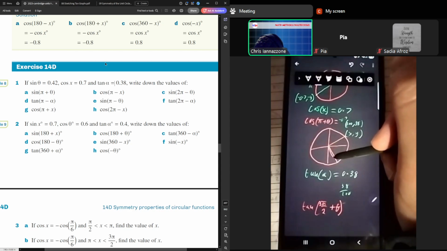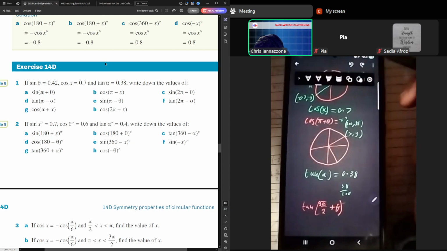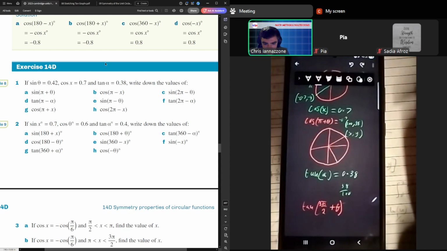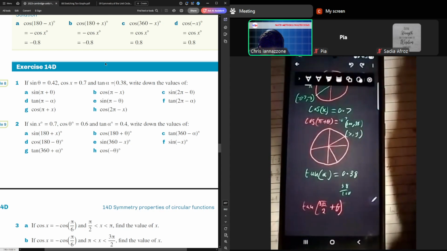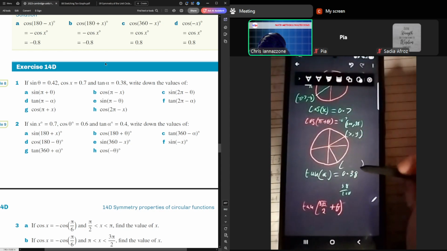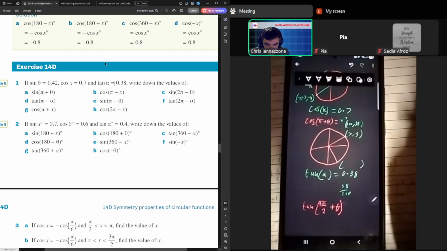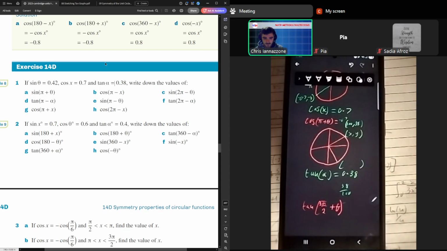Now, it belongs in a little bit of a weird way. What do we do when we have to have 3 pi over 2 type stuff? What happens then? Yep, that's fine.